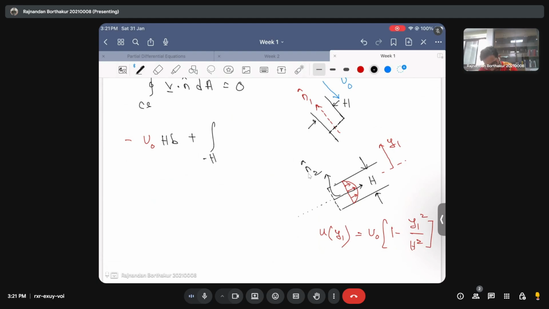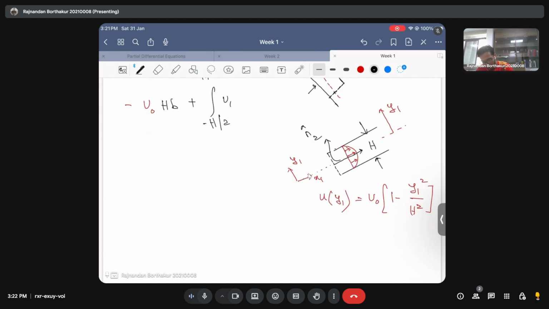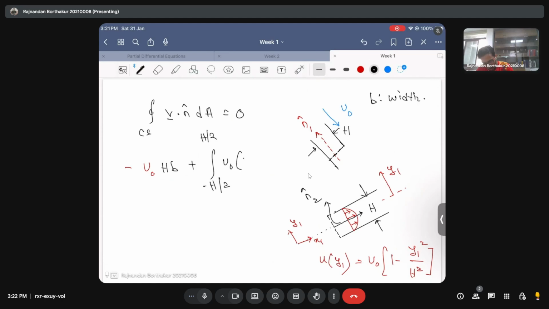So this is maybe your x direction, which is x1, and this is your y1, and this entire distance is considered to be h, which means that your integral would now be from minus h by 2 to plus h by 2 times the differential flow rate, which is going to be u naught of 1 minus y1 squared by h squared times the elemental area, which is going to be b times dy. I hope you can understand what I have written in this term.